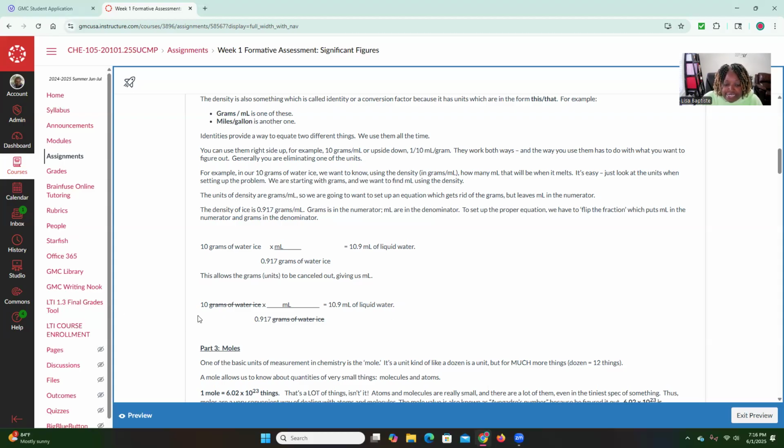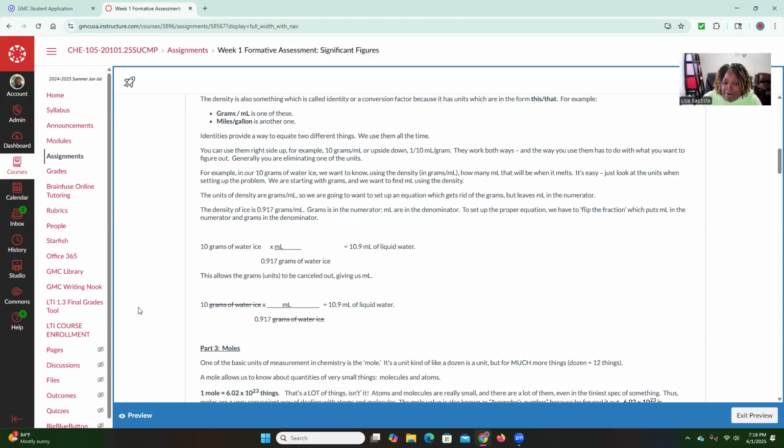And so you're going to take 10 divided by 0.917. Now, 0.917 has three significant figures, but 10 only has one. And so your answer would actually only have one significant figure. So to do this, because 10.9 would round up to 11, 11 is still two significant figures.